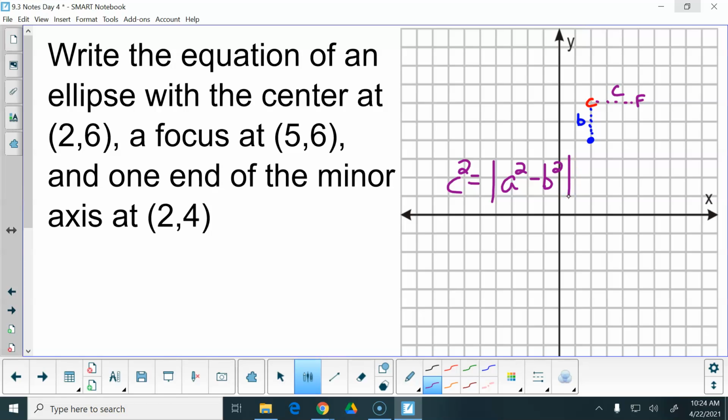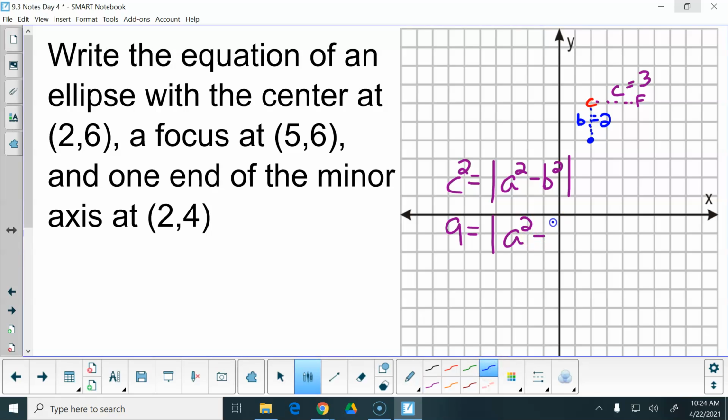Okay. All right. So what is c? 3. So c squared would be 9. What is b? 2. So b squared would be 4. So it's 5.